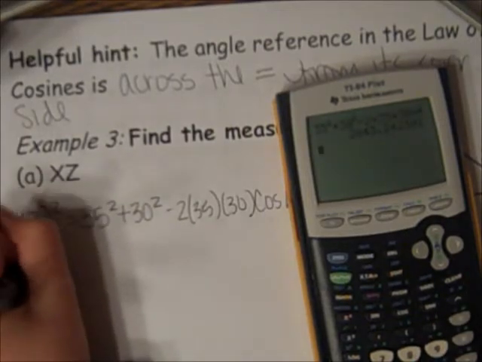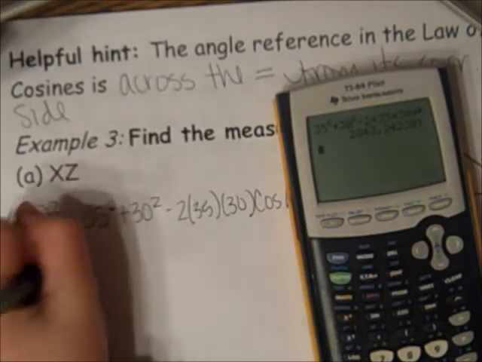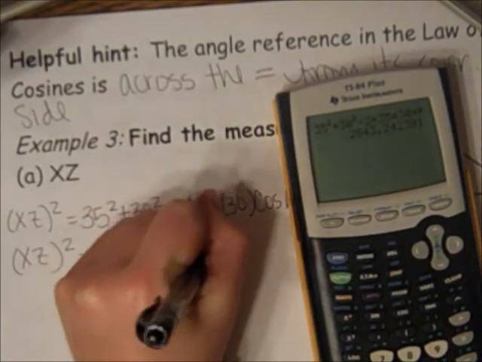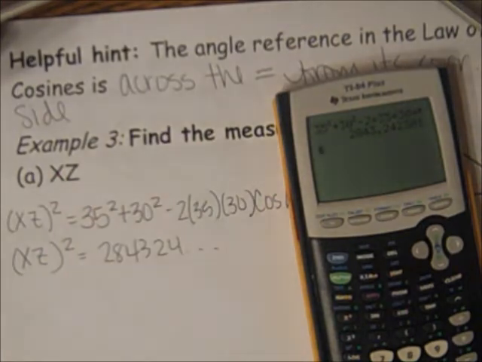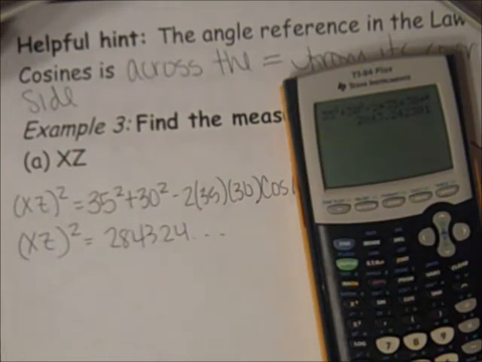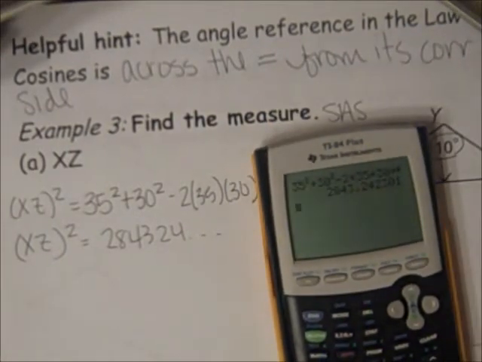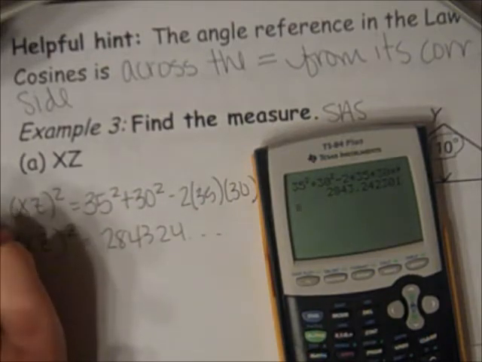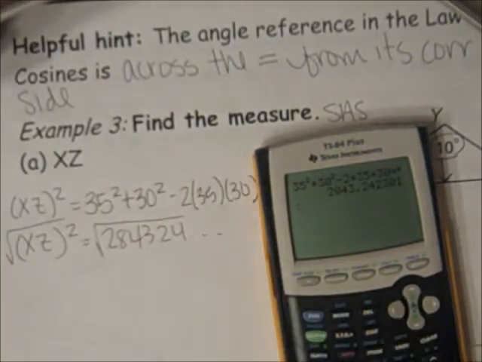Okay, so what we have right now is XZ squared is equal to 2843.24 blah blah blah. Now we're going to use the same trick that we just used on the law of sines, where I don't want to get rid of all those decimals. I want my calculator to hold on to them. So I still have XZ squared, and you know that to get rid of the squared, I'm just going to square root both sides.